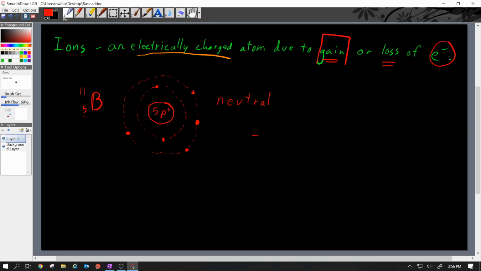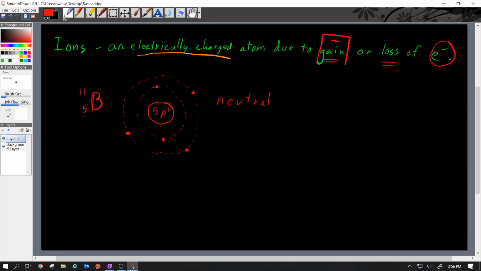So it would have an overall negative charge. What if it gained another electron? Then that would be a -2. So do you see how by gaining electrons, we actually get a negative charge?